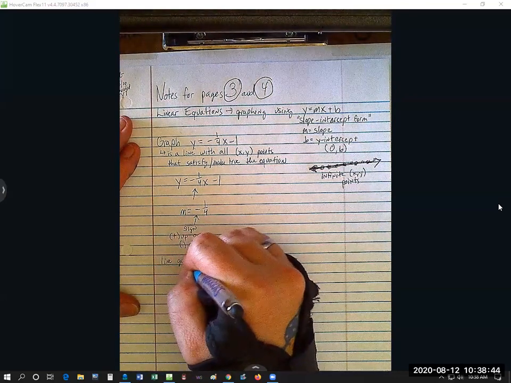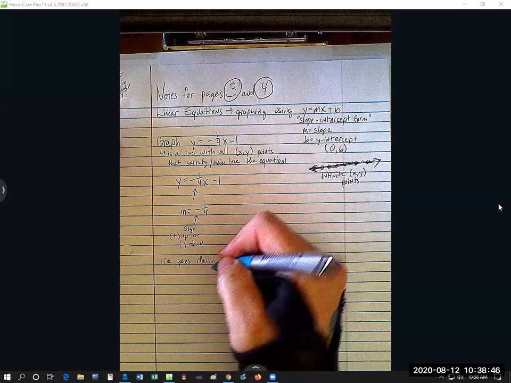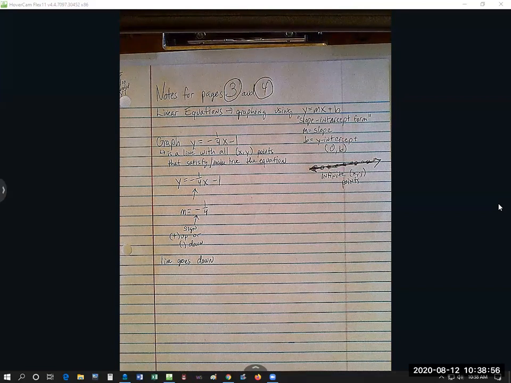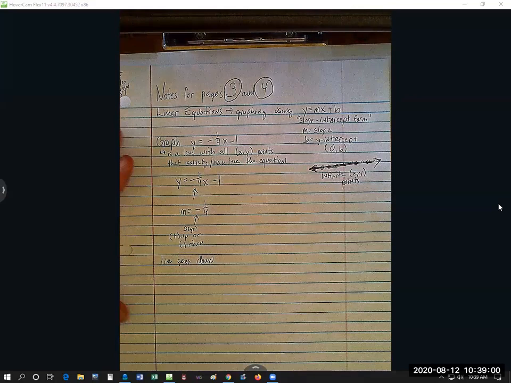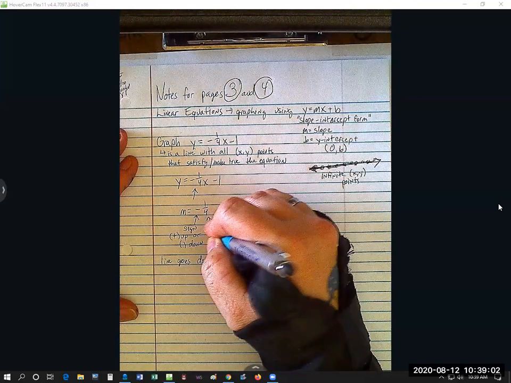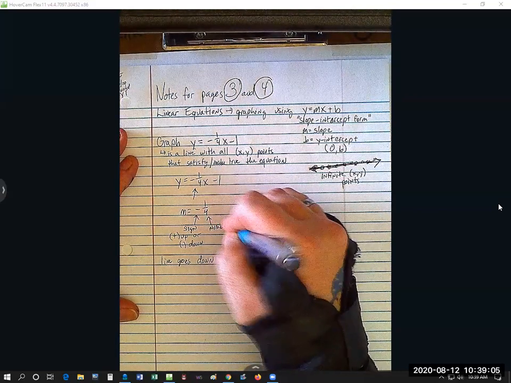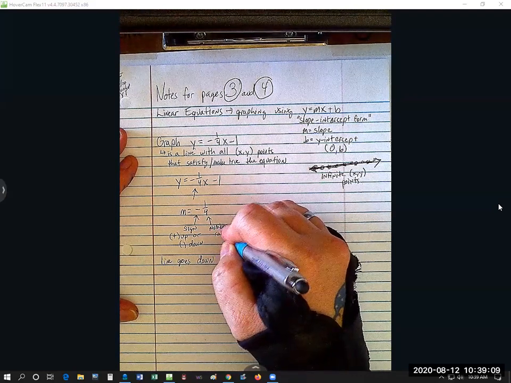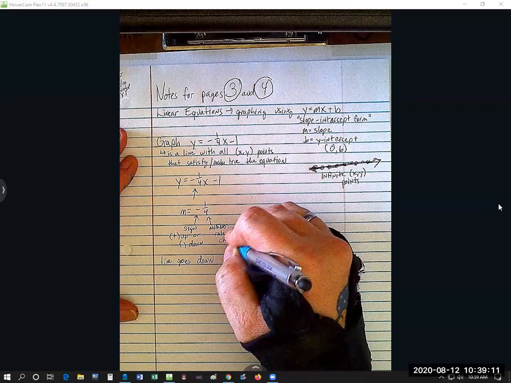Now, if you've ever driven down a mountain in a car or been on a roller coaster, going down a hill can be at various speeds, at various angles. So the number is what's going to tell us how fast or how slow going down that hill is going to be. The number is a rate. Remember, speed, a rate. It's the rate of change.